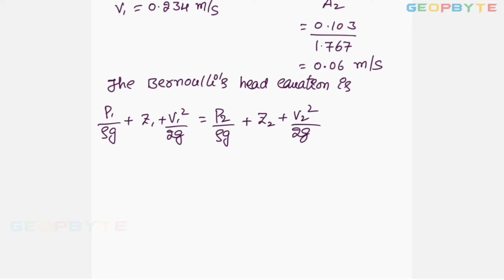You are asked to find P1, so P1 by rho density of water 1000, g 9.81, plus Z1 0, plus V1 0.234 whole square by 2 into 9.81.